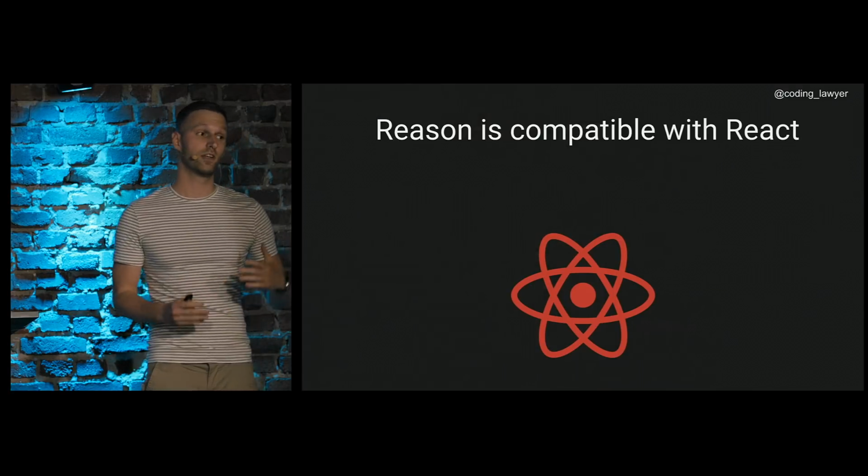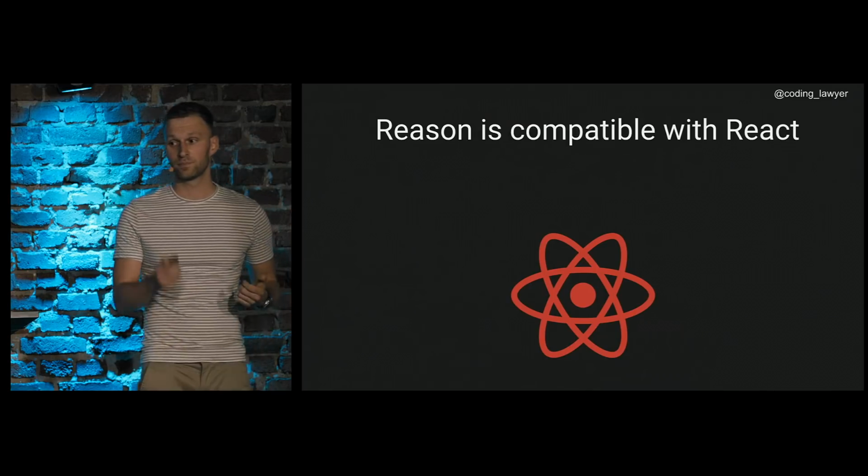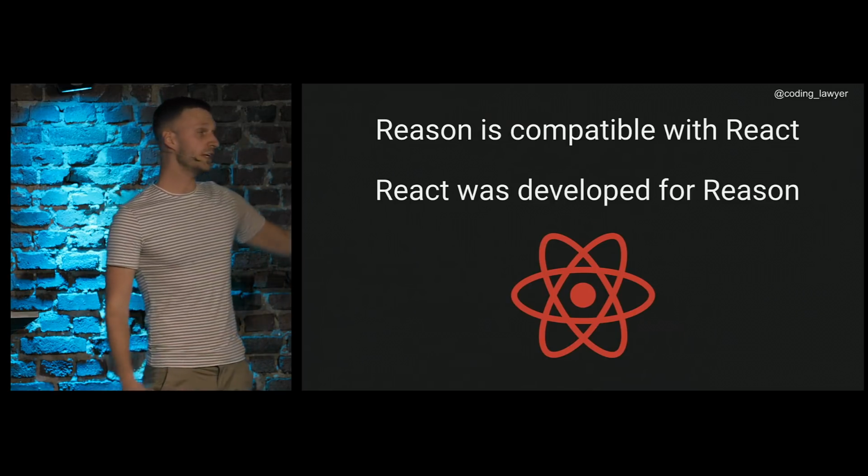We can use React in Reason thanks to the Reason React library. Maybe you are still thinking, why should I use React in Reason? We've already mentioned that Reason is compatible with React, more than JavaScript. But why is it compatible? Because React was developed for Reason.